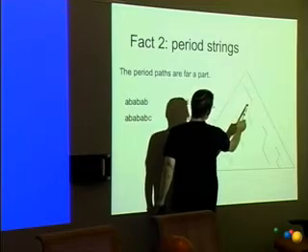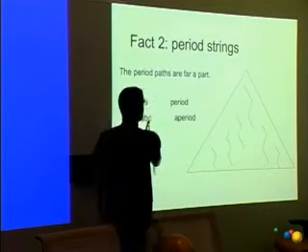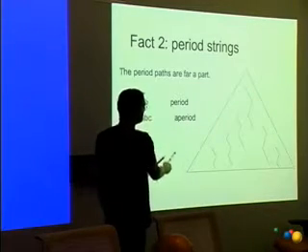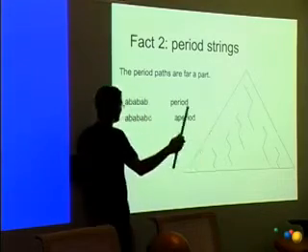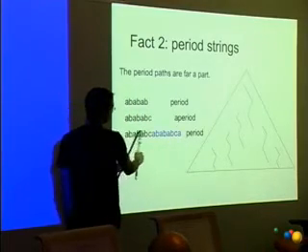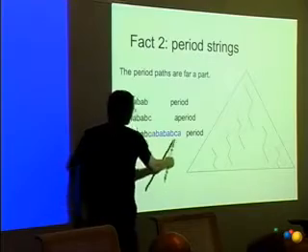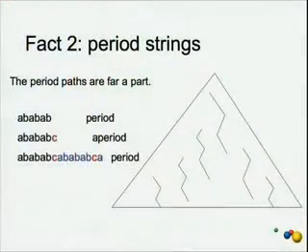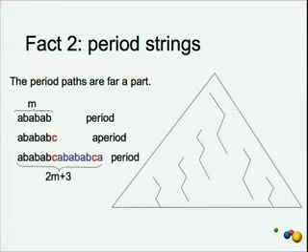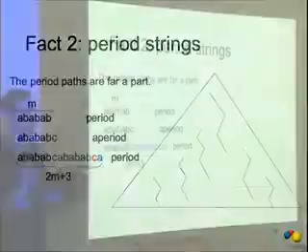It will be C, A, B, C. But now, in order to get the period path, I need to do A, B, C, and now again this thing, and a start of this, to get at least 3 times the string. Then it means that if this was size m, this is 2m plus 3, so we double the size of the pattern.